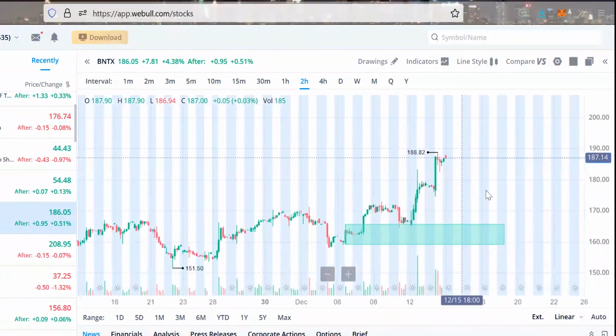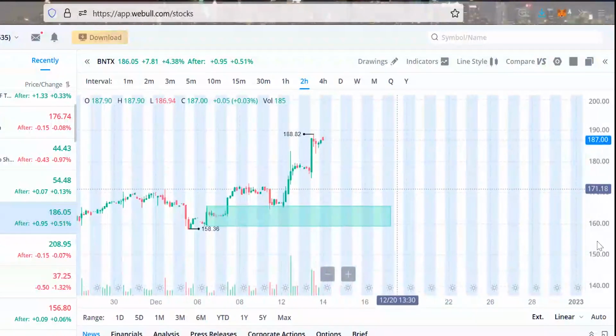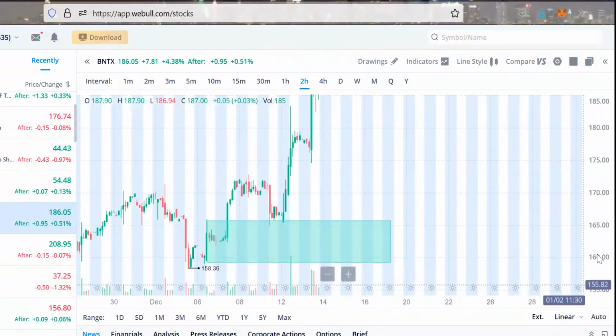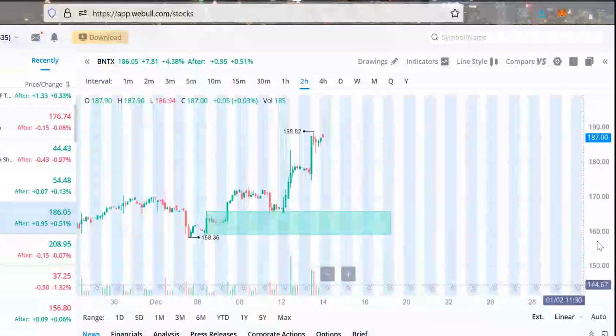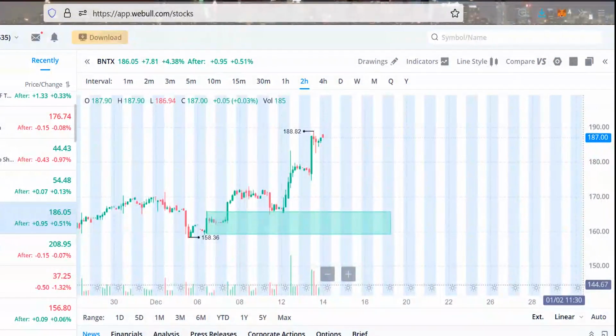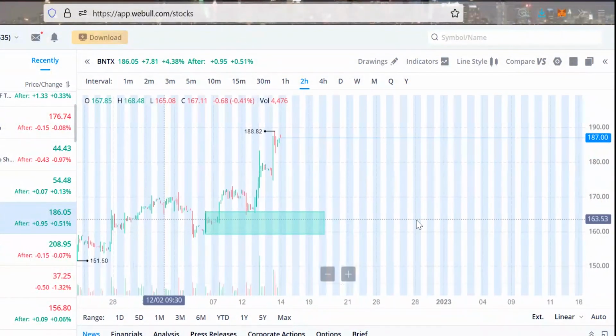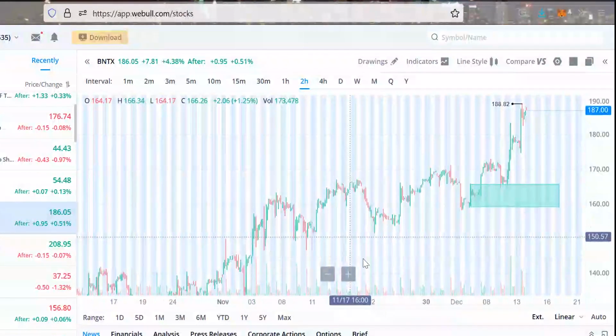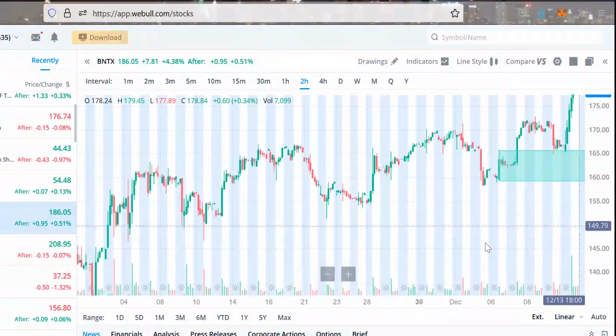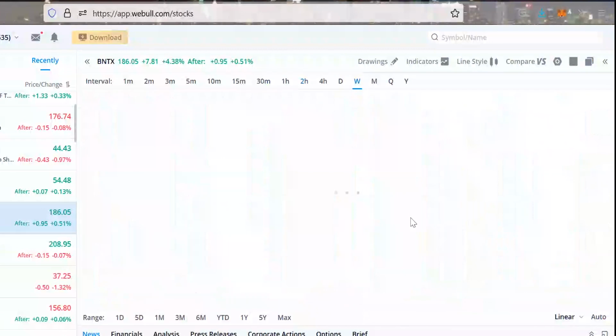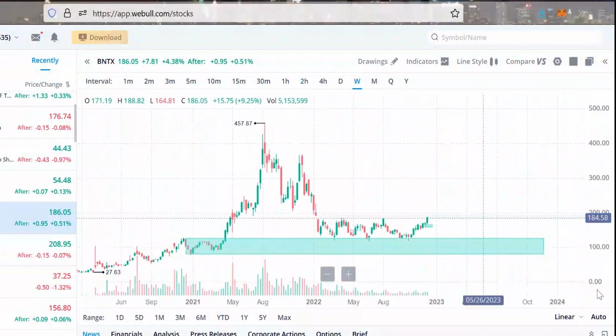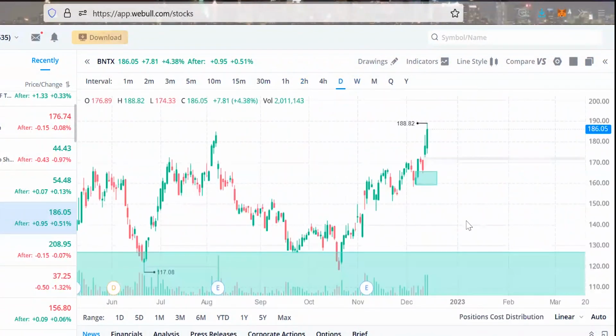So you guys, I just wanted to make that quick video of what's going on for the order block 2.0. So you guys know how I find my supply and demand zones. It's the same thing, vice versa. If you had a supply zone, right? However, this market is super bullish on the BNTX. It's been bullish, right, for the previous days.